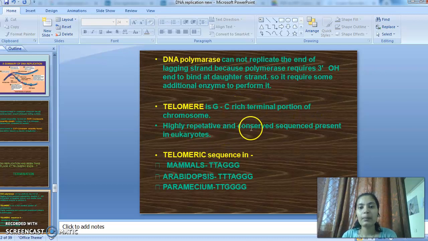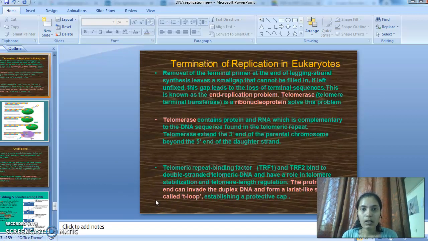It is a highly repetitive and conserved sequence present in eukaryotes. So these are the telomeric sequences. What happens at the termination? The terminal primer is removed and the telomerase causes the joining of the Okazaki fragments.